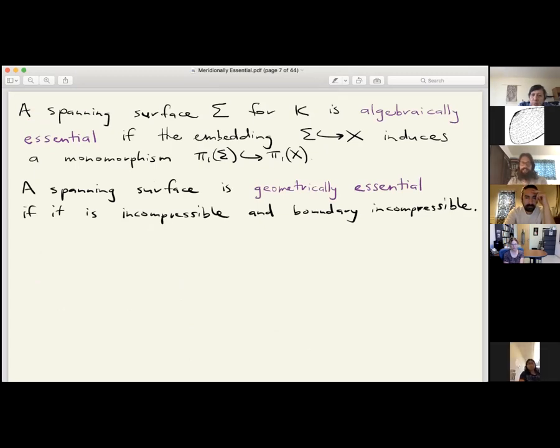And this is if your surface is incompressible and boundary incompressible. I haven't written down the definitions, but you should think of this as meaning your surface cannot be simplified by some sort of surgery along a disk. Now for two-sided surfaces, these two properties are equivalent. So algebraically essential always implies geometrically essential, and the converse is true for a two-sided surface, where you have to use the loop theorem to prove that.